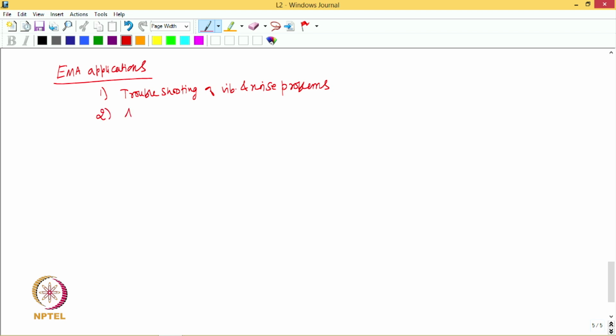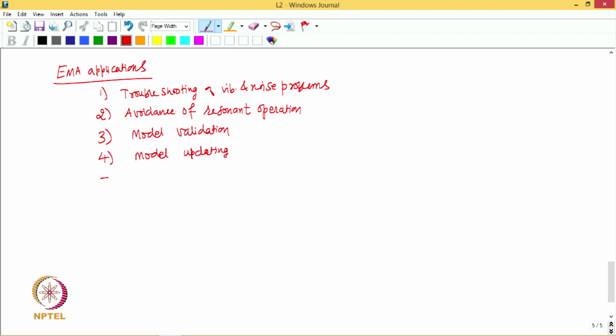We also talked about how the model test data can be used for avoidance of resonant operation, right. It can be used for model validation, it can be used for model updating, it can also be used for response simulation.